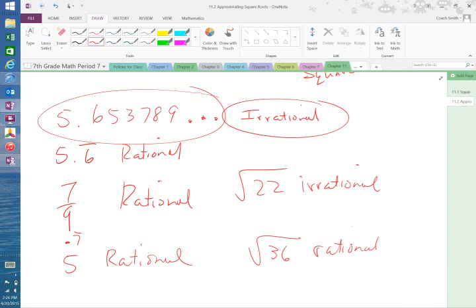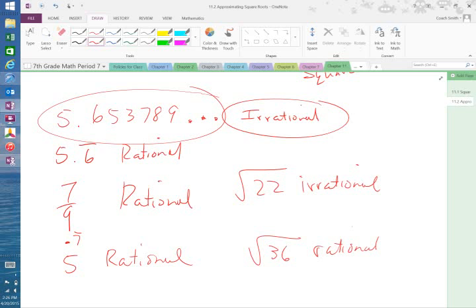Those are all rational numbers because they can be written as a fraction. Bottom line is what makes a number rational and what makes a number irrational is a rational number can be written as a fraction. How do you write 5 as a fraction? 5 over 1. Okay? That's why it's a rational number.